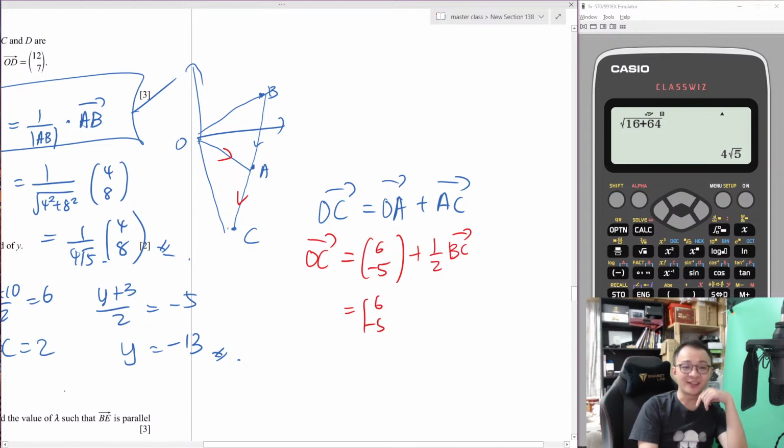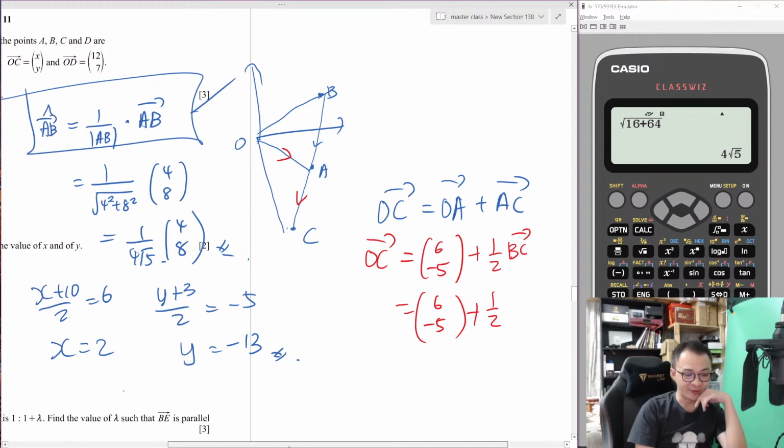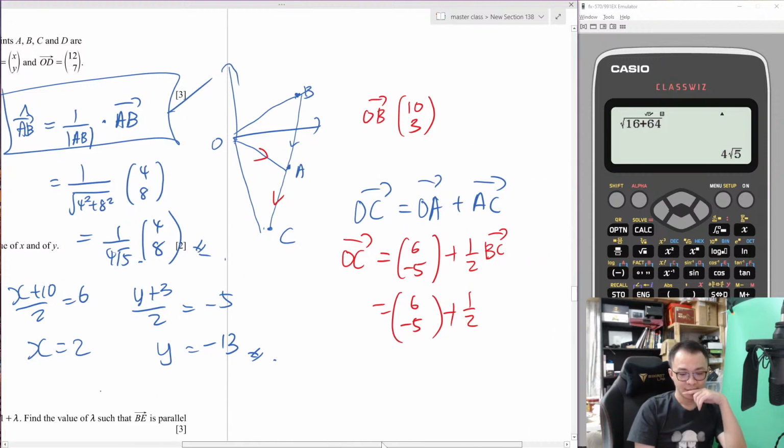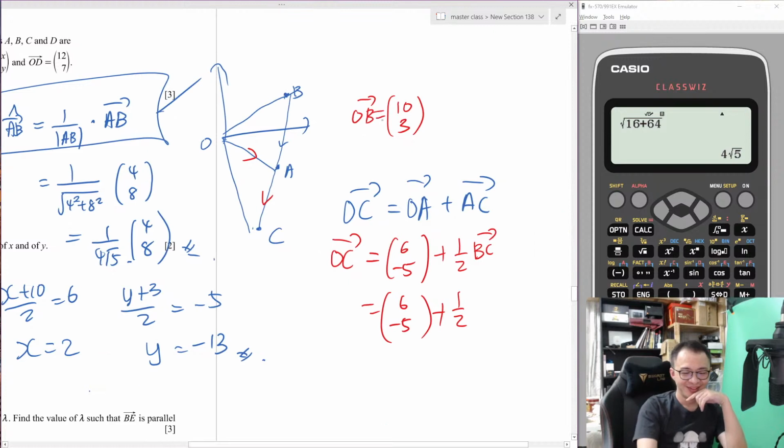I try to use a vector to solve this one, which I think is a bit unnecessary for 2 marks, but let's see. If the question asks you to use that, then you kind of have no choice. B is 10, 3. This is OB. Alright, then we have x, y again. This is not worth my 2 marks.